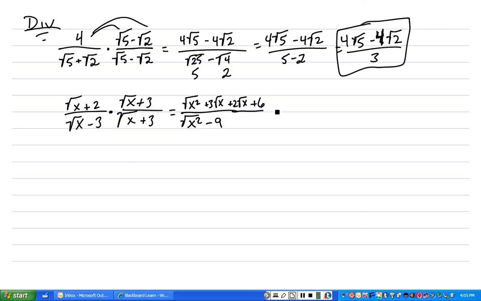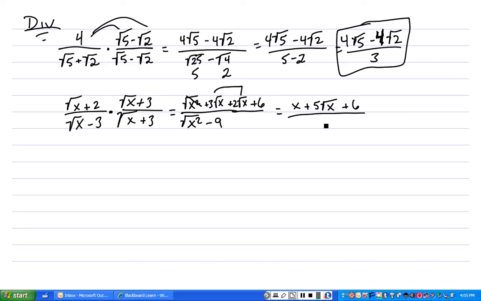Okay, so simplify. I told you the radical square root cancels square, just leaves an x. These are like terms, so 2 square root of x and 3 square root of x get combined to give me a positive 5 square root of x. And you're left with a 6.